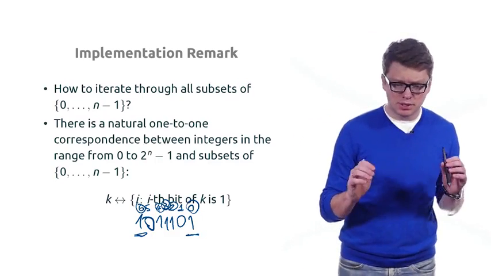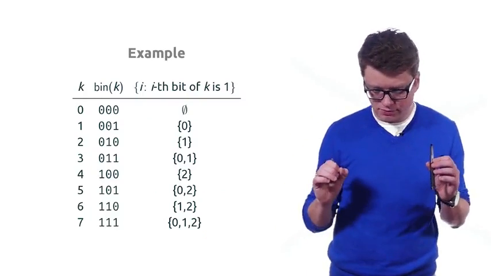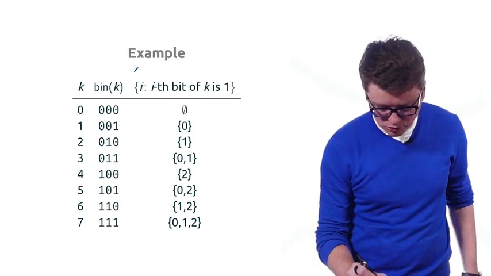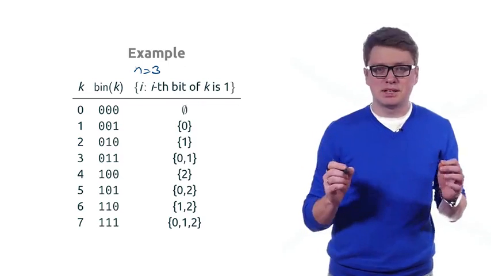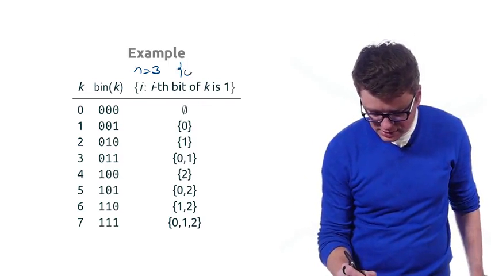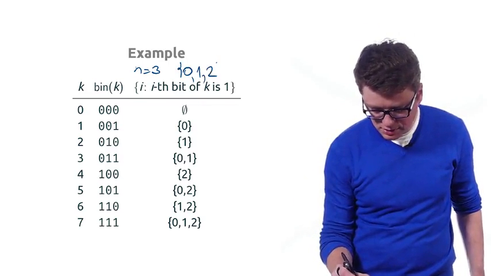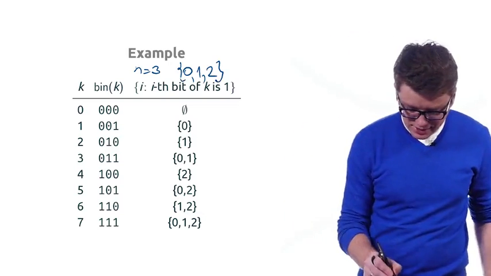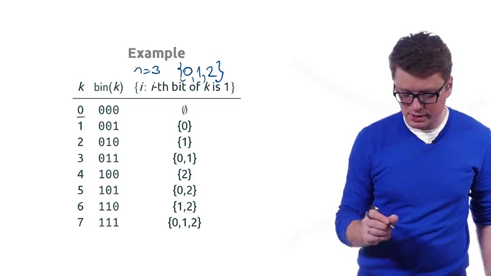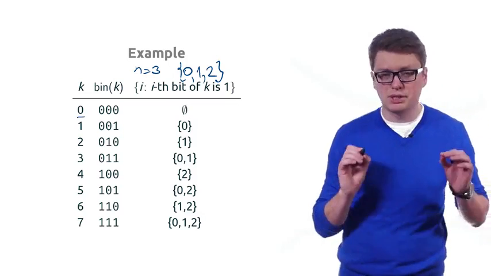Let me also illustrate this on an example. So assume that n is equal to 3. So we are considering all subsets of the set consisting of 3 elements, 0, 1, and 2. Then if we write down the value 0 in binary, we get 0, 0, 0.